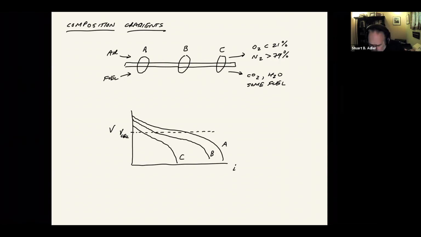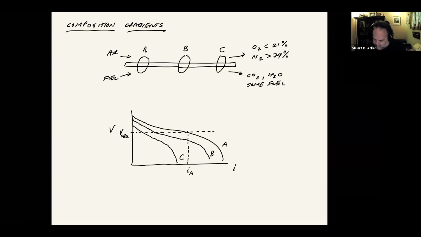Well, if I think about area A, that's the freshest fuel coming in. The current density there, according to this polarization curve, locally, is going to be higher. It's going to be highest. So in area A, we have the highest current density.